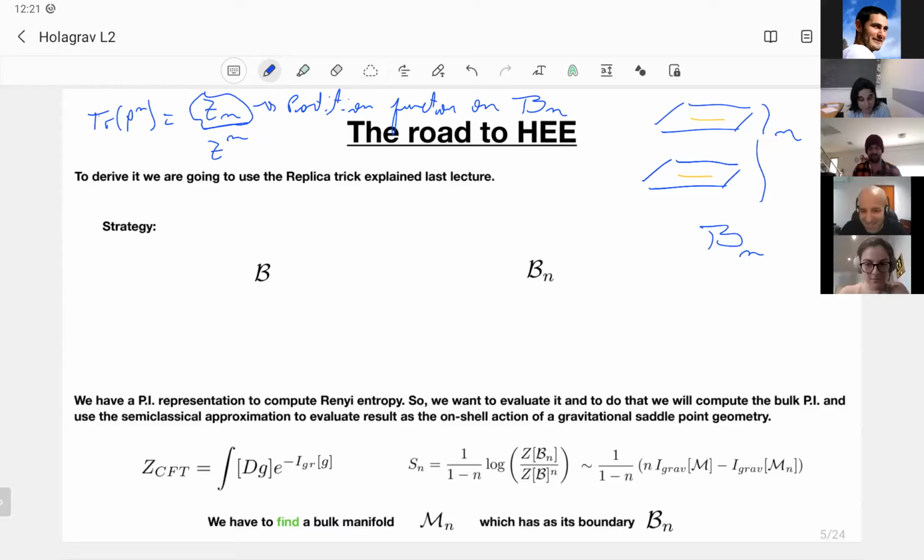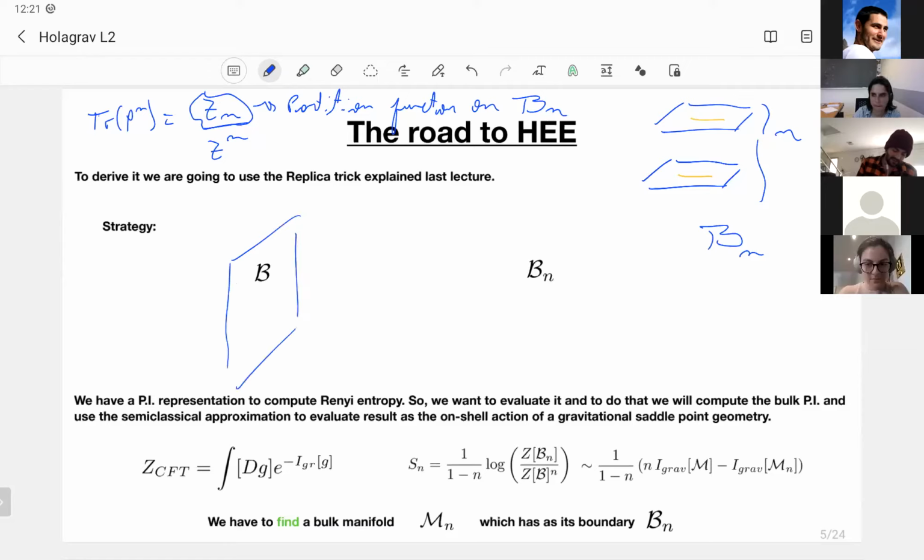So you have to compute this partition function on this complicated manifold. The thing is how we do this program in gravity. And then what we are going to suppose is that for one sheet, the manifold is V, one sheet.